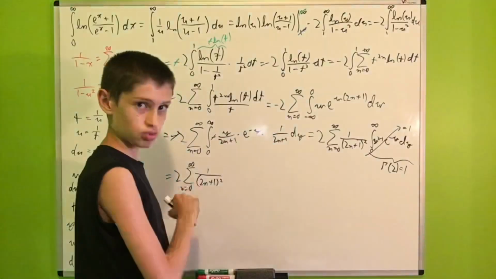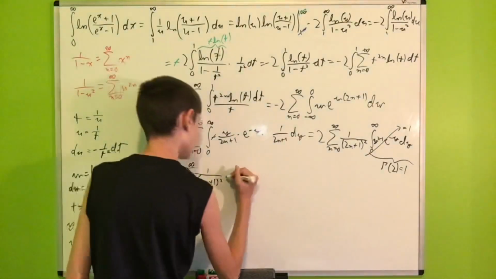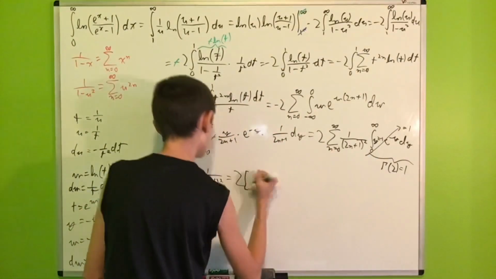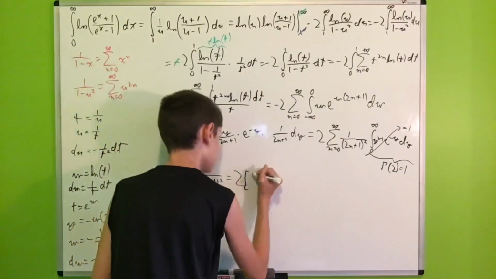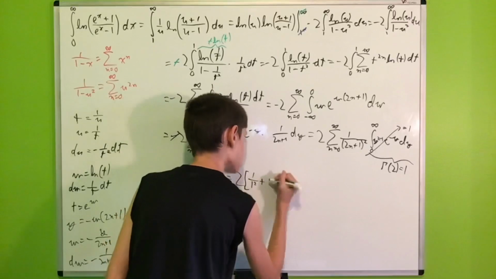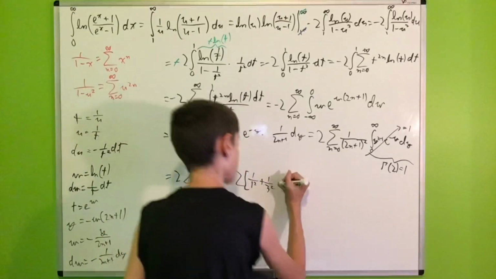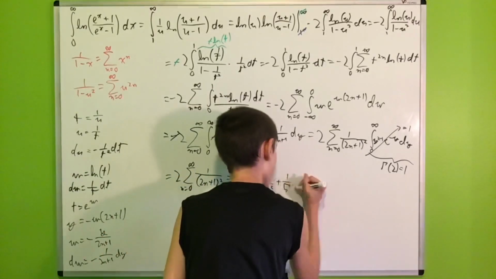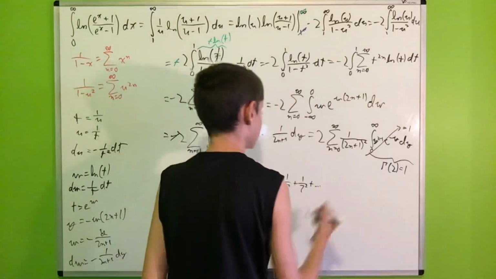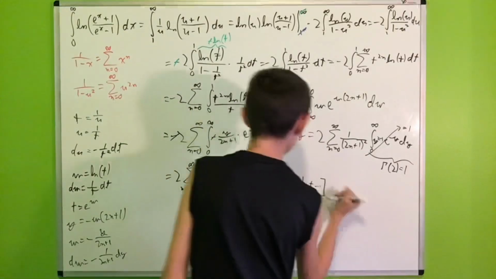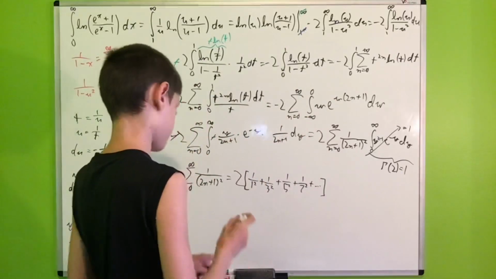And now we can just write out a few terms of this series. So we get 2 times the sum of 1 over 1 squared plus 1 over 3 squared plus 1 over 5 squared, 1 over 7 squared, and so on, up until infinity.